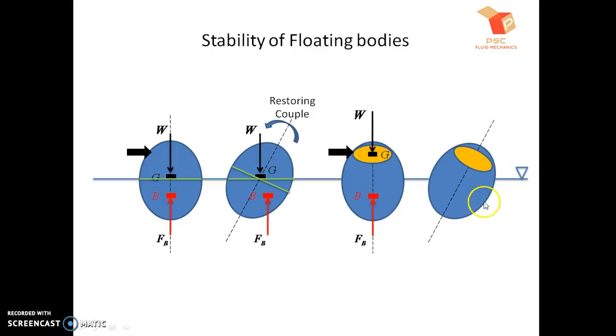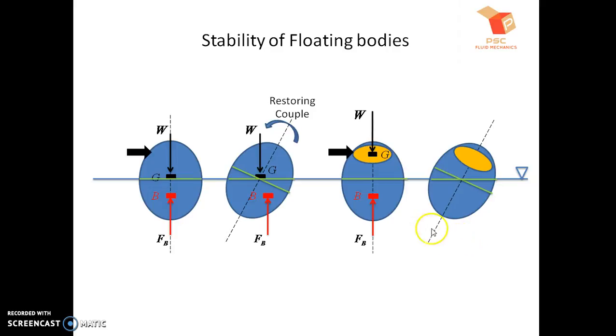After getting rotated like this, the same thing will happen: previously it had this portion under water, under liquid, and when it is getting rotated, some part of the body is coming out and some part is going down, and these two parts are one and the same.